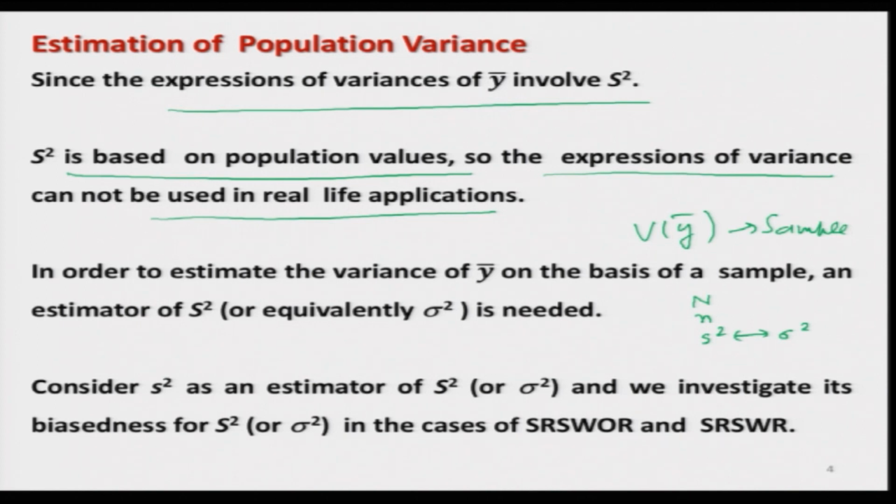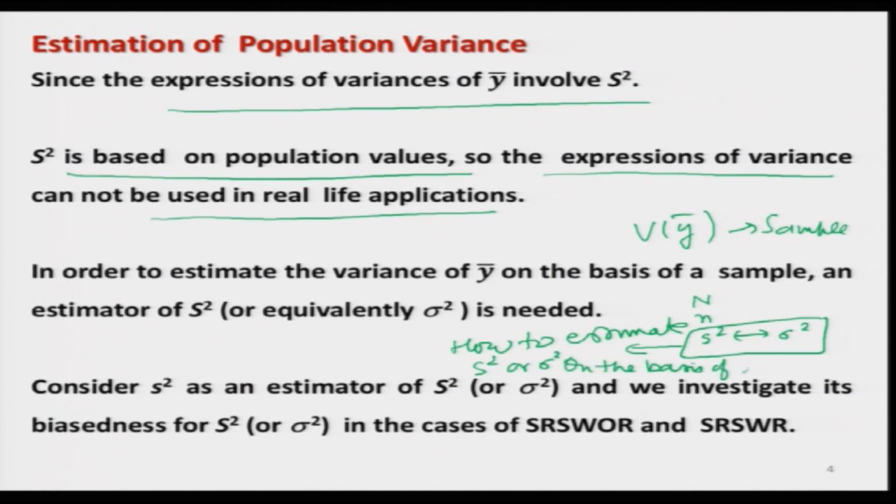So what I need to do is find an estimator of S square or sigma square. The question is how to estimate this S square or sigma square on the basis of sample values.